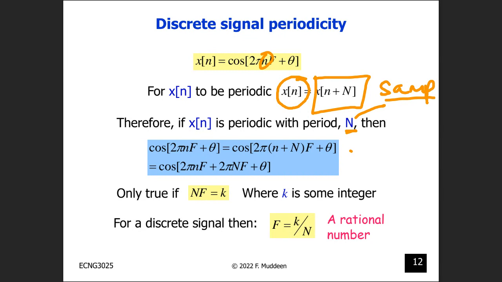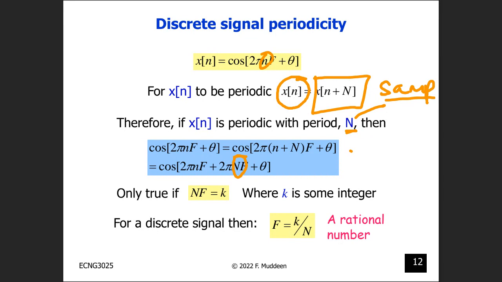Now this can only work if this is an integer, in other words, a multiple of 2 pi. Remember, the cosine signal itself repeats itself every 2 pi.